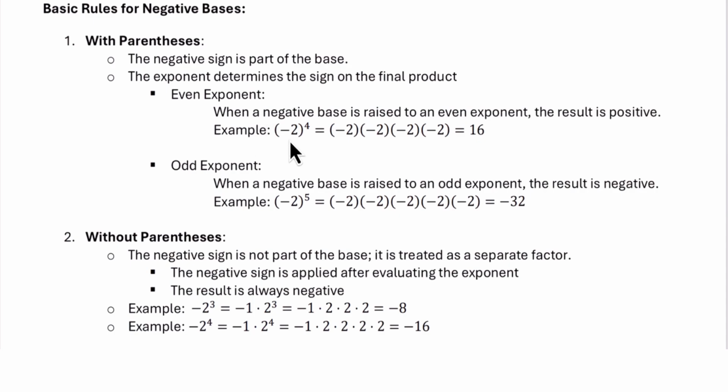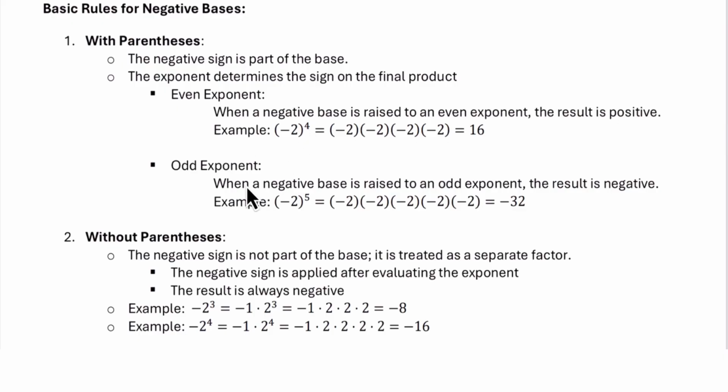For example, negative 2 to the 4th power: negative 2 times negative 2 times negative 2 times negative 2 is positive 16. Notice that the base is negative 2. The negative is part of the base here because it's inside the parentheses. And then that base occurs 4 times, indicated by the exponent.